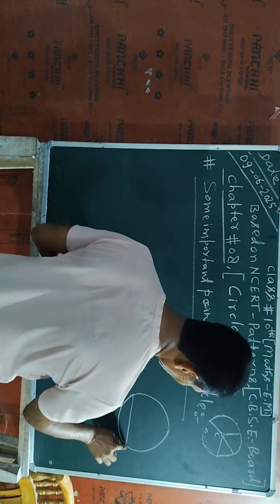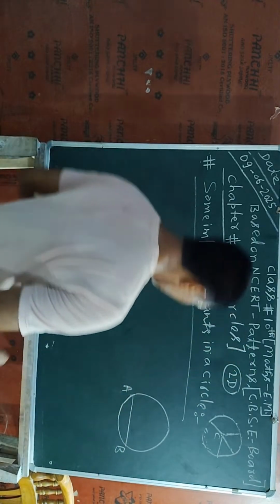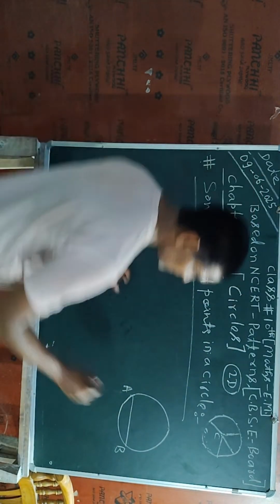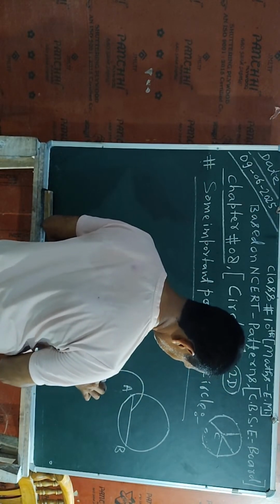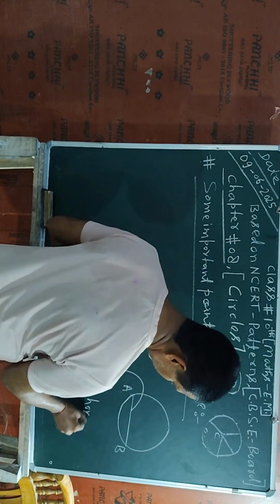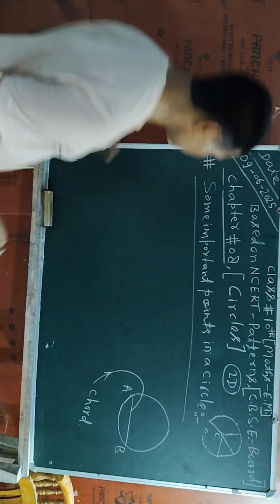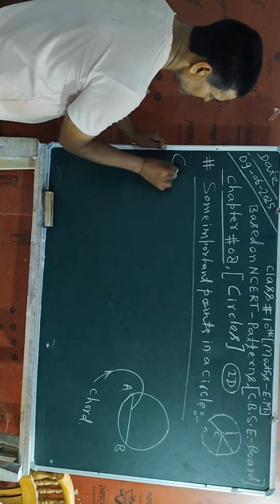Here I am taking 2 points on the periphery of the circle, and this line will be called a chord.